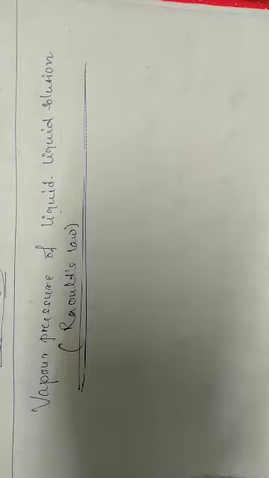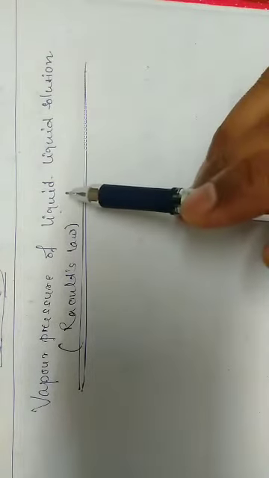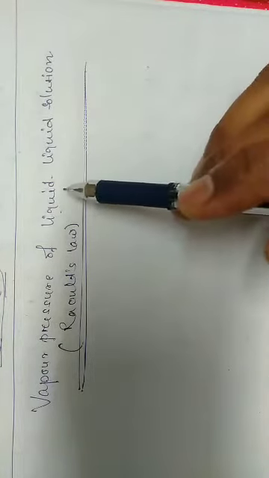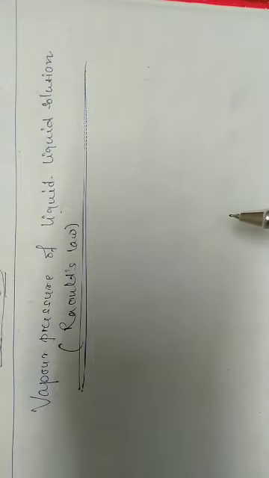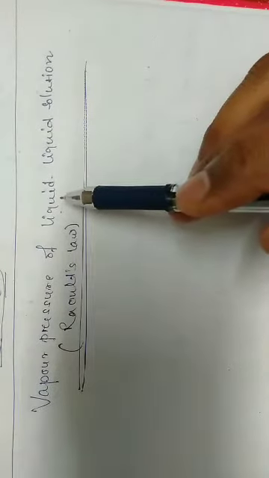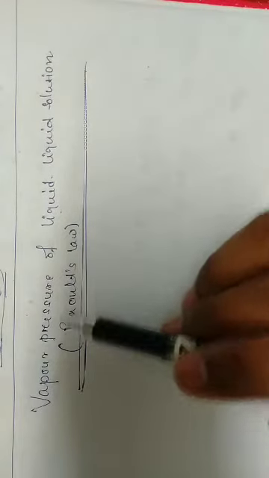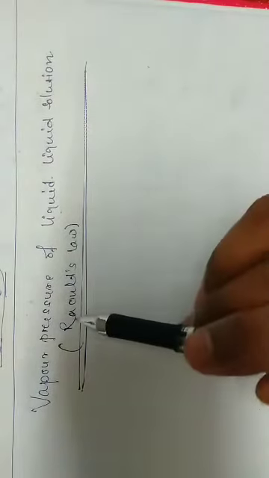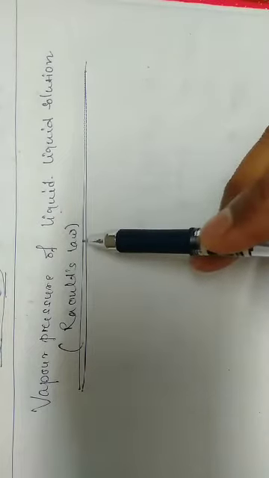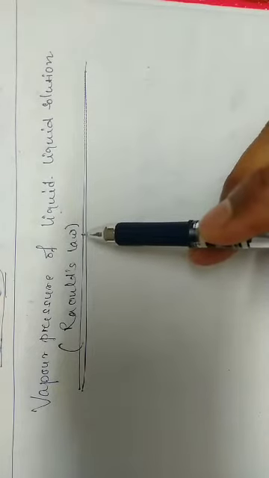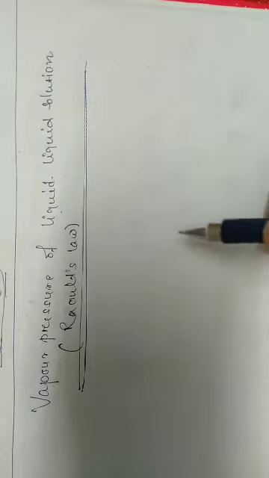So this topic is related to volatile liquid solutions. In this solution, both solute and solvent are volatile. And the related law to this topic is Raoult's law, one of the important laws related to liquid solutions.